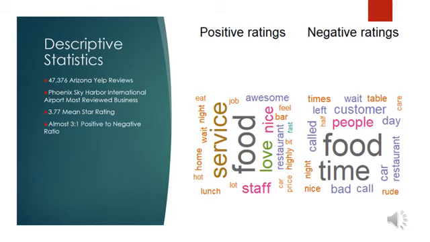So you can see 2 word clouds, positive and negative ratings. One interesting thing, and I guess it really shouldn't be interesting, we saw before that food was the number 1 word in the data set in total. So of course food would be seen in both positive and negative reviews.